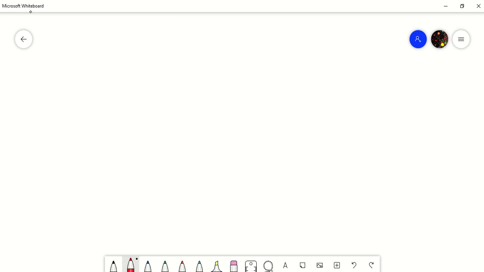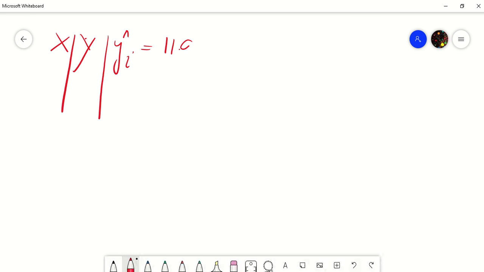Let's say that you have x and y variables and run a regression, and the regression equation is yi hat equals, again taking the same values as we did in our previous lecture, 11.9 minus 0.65 xi.